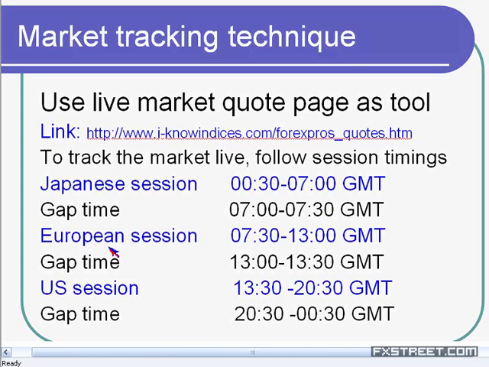So European session nowadays starts from 7:30 GMT and lasts till 13 GMT. Similarly, another gap time is there between European and US session, and that gap time is from 13 to 13:30 GMT. So today I'll be presenting part 2 of the webinar, Tracking the Forex Market Together, between 13 and 13:45 GMT.